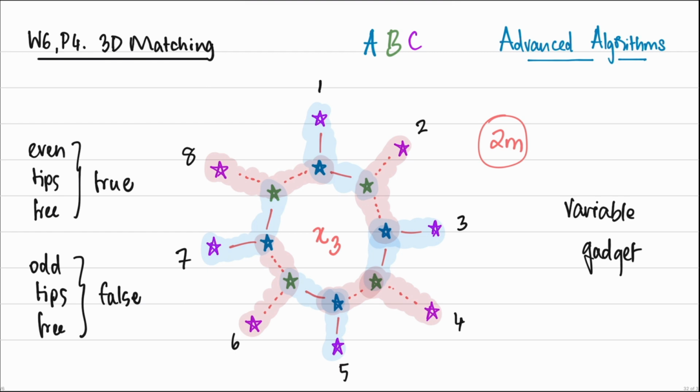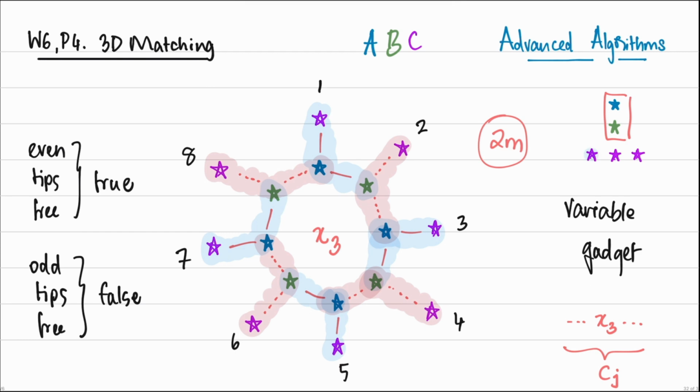Now, if you have a clause which contains x3, then for this clause, let's say we're working with the clause cj, we're going to have two elements, one from A and one from B, that's just dedicated to representing this clause. And we're going to have this clause attached to a bunch of these folks coming from the variable gadgets.